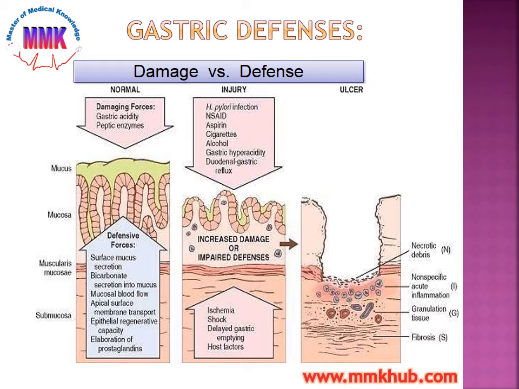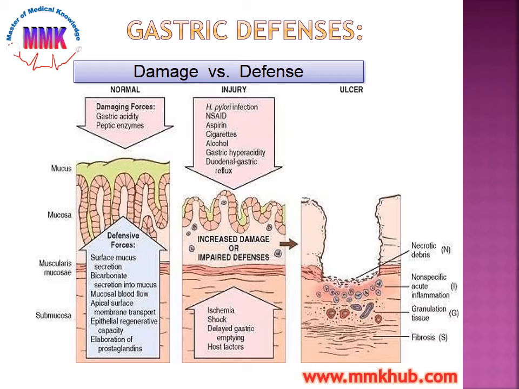But when there is injury, for example, Helicobacter pylori infection, non-steroidal anti-inflammatory drugs excessive use, aspirin use, cigarette smoking, alcohol intake, gastric hyperacidity, duodenal gastric reflux, these factors can damage the mucosal surface and lead to the peptic ulcer formation if the defensive forces are inadequate.